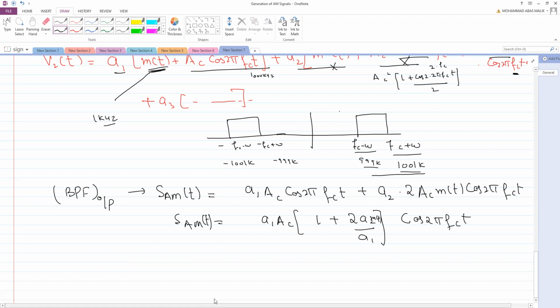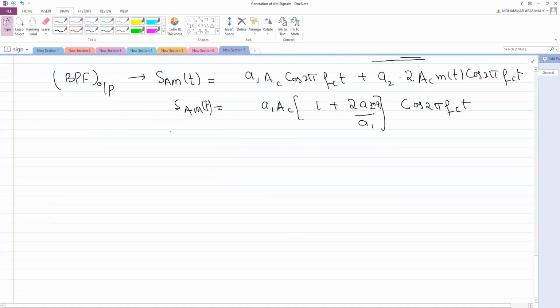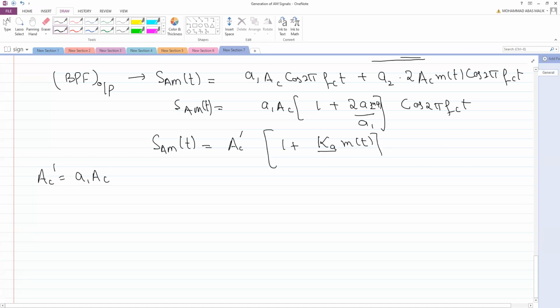Now after some rearrangement, you will get S_AM(t) equal to A1 Ac. Let this be Ac bar. That means Ac bar is equal to A1 Ac. Then 1 plus 2 A2 divided by A1, let that be equal to Ka, the amplitude sensitivity, m(t), and this is your cos of 2 pi Fc t.